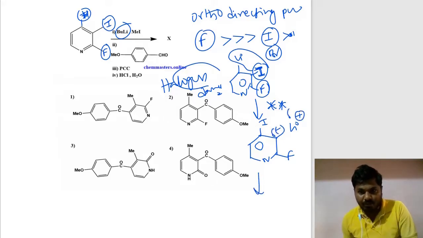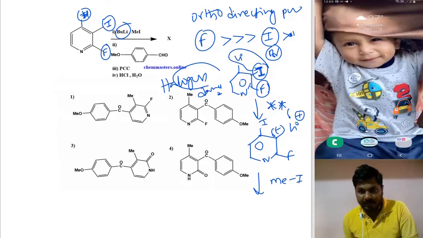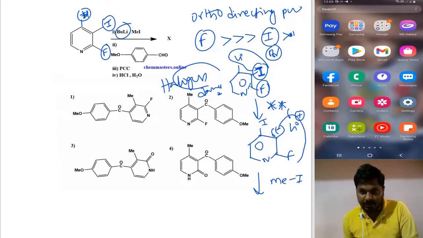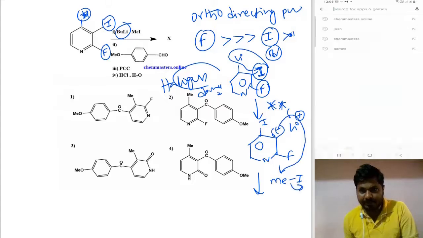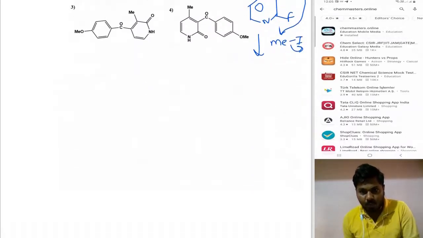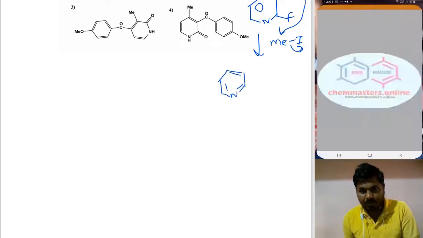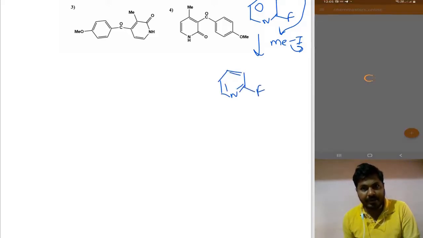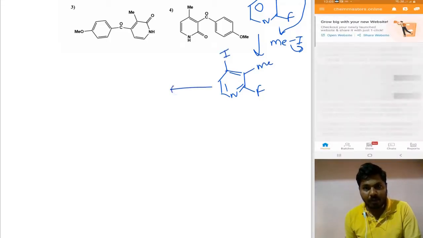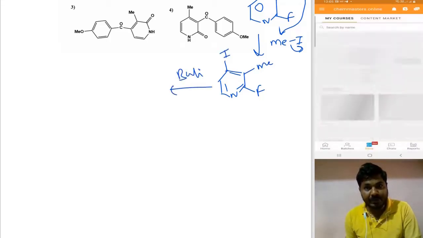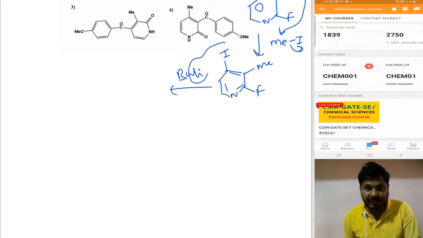So after exchanging lithium and iodine, here is the fluorine, here is the iodine, and here is the lithium. Okay, so lithium always has the partial positive charge, and here is the partial negative charge. Now this carbanion is going to attack methyl iodide. Now it is going to produce the next structure where fluorine is there and methyl group, and here is the iodine. Now in the next step, again butyl lithium, the exchange of lithium and iodine takes place.